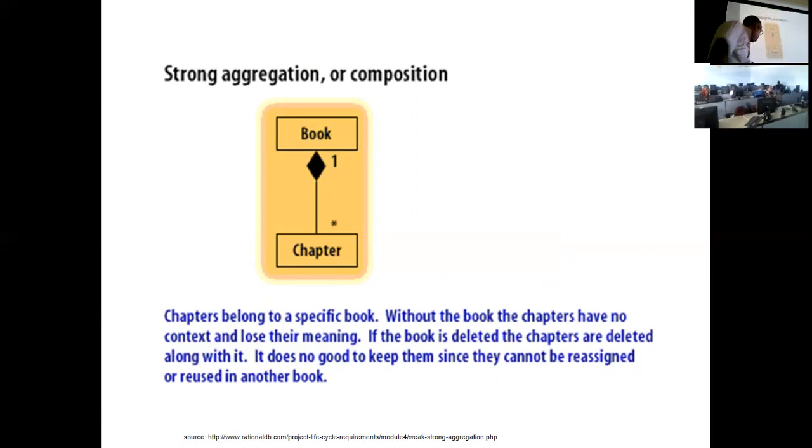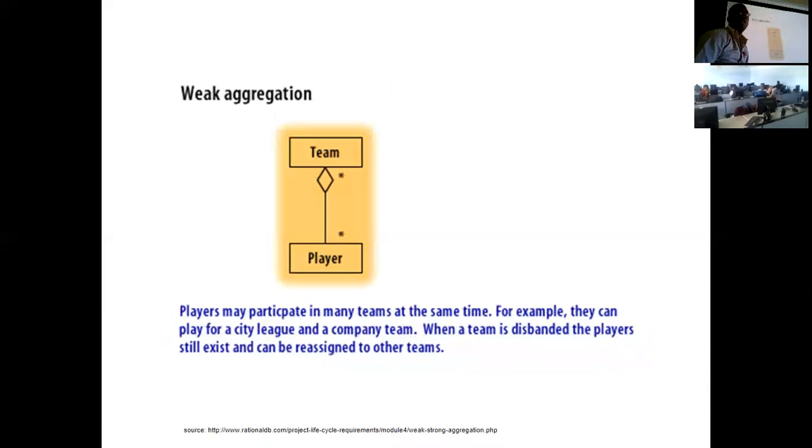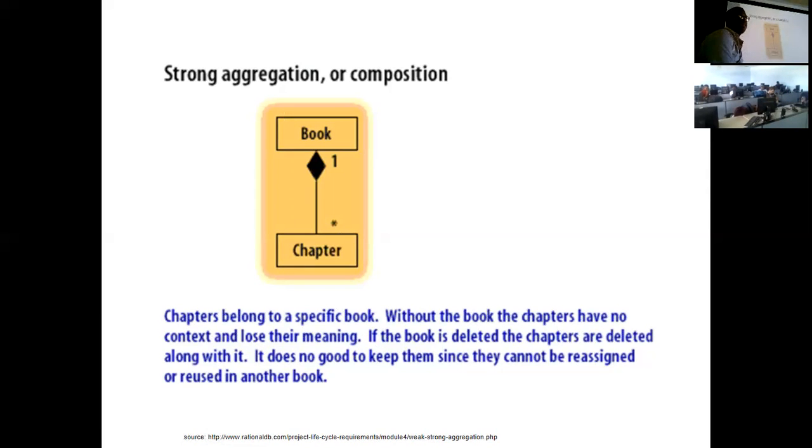Now, in general, if you're unsure, usually you use weak aggregation, right? If you're unsure as to whether the relationship is strong or weak, start with weak, because strong is saying really that one cannot exist without the other, right?